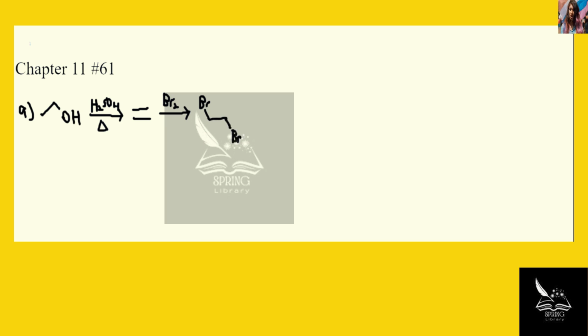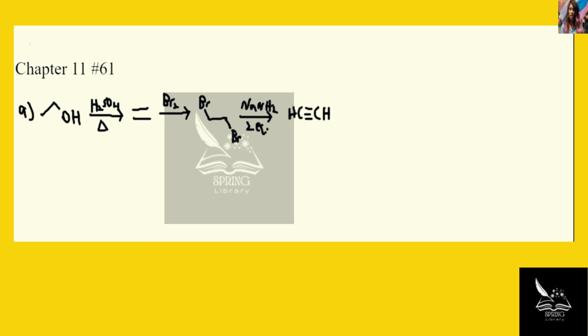That's going to give us the dibromo compound, and we can then treat that with 2 equivalents of sodium amide to get to the alkyne.